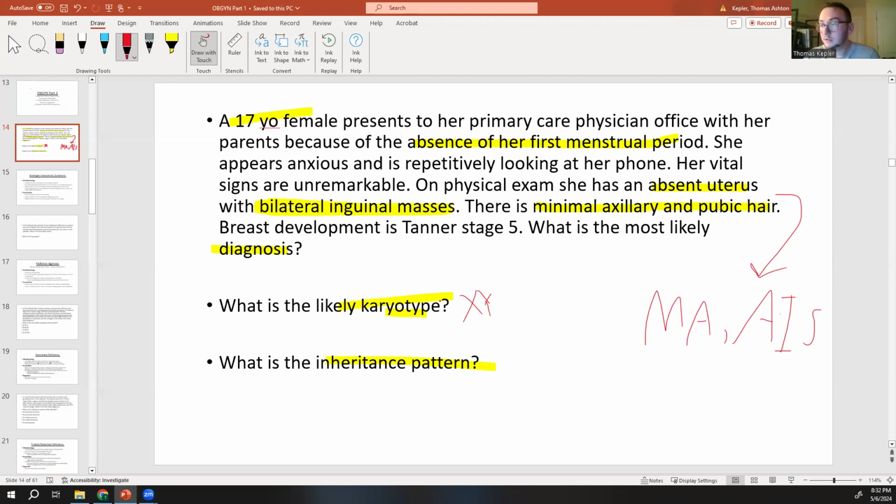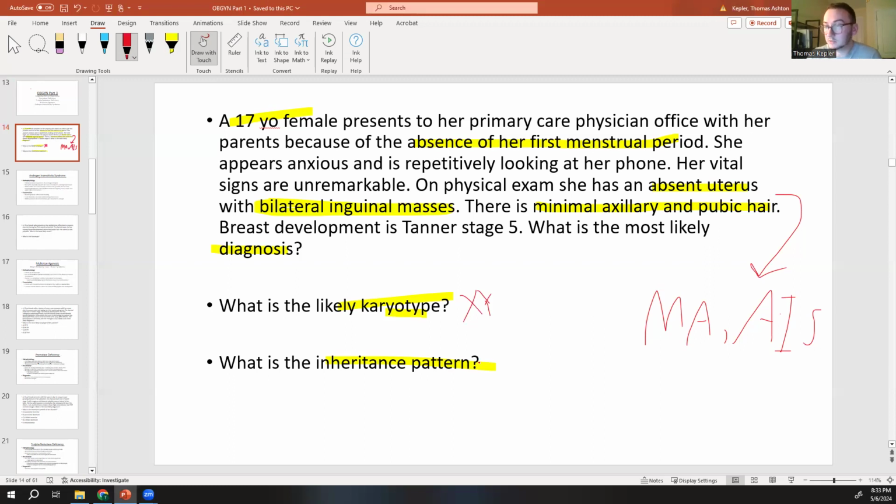So I want you to think of androgen insensitivity syndrome as genotypically male. Whereas Mullerian agenesis, the difference is they're female, it's just the Mullerian ducts didn't develop. And so everything else is completely normal. They'll respond to androgens and they'll have normal axillary and pubic hair. And they wouldn't have the inguinal masses because they're not males either, right?